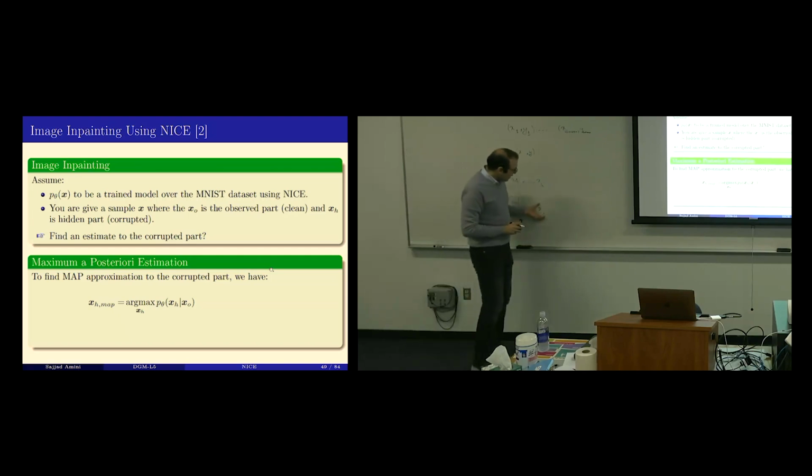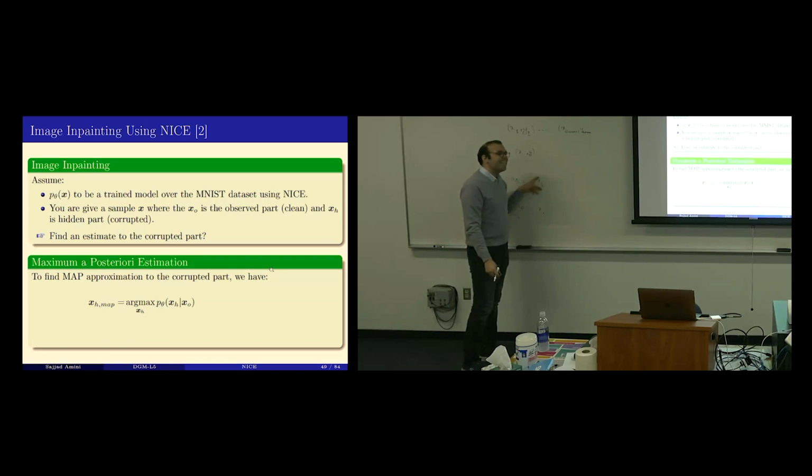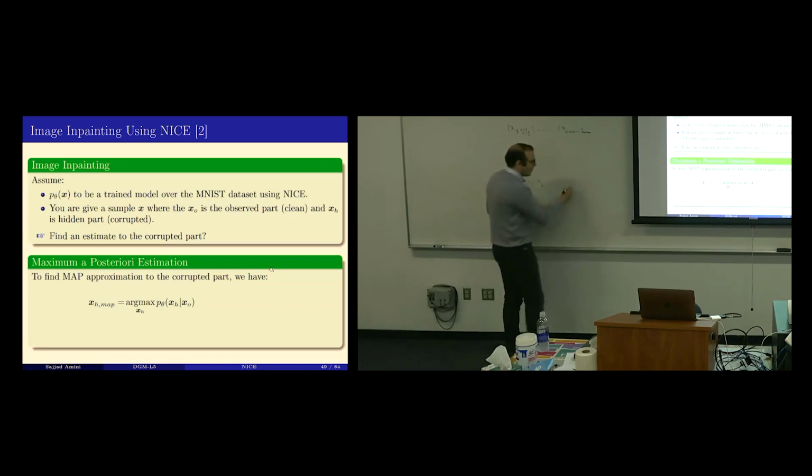Now, assume X_O is the label, which is given, and you want to fill X_H, the image. Assume I concatenate the label here; this is the label corresponding to 0.